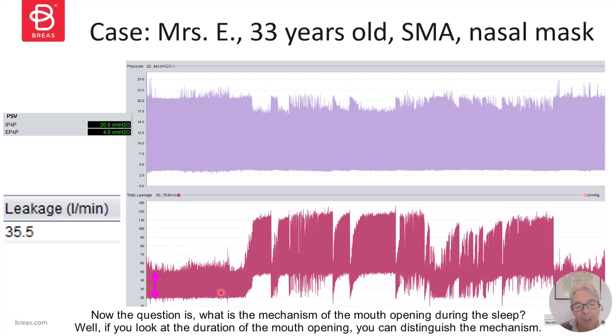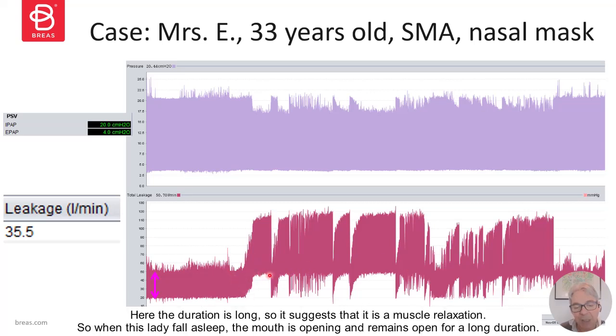Now, the question is, what is the mechanism of the mouth opening during the sleep? Well, if you look at the duration of the mouth opening, you can distinguish the mechanism. Here, the duration is long, so it suggests that it is a muscle relaxation. So when this lady falls asleep, the mouth is opening and remains open for a long duration.